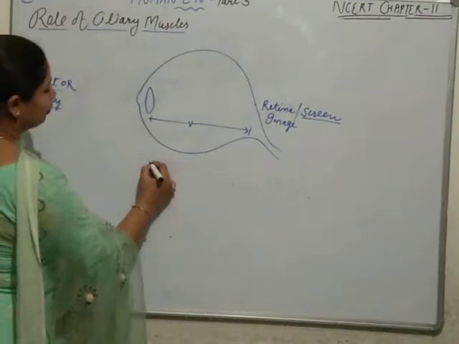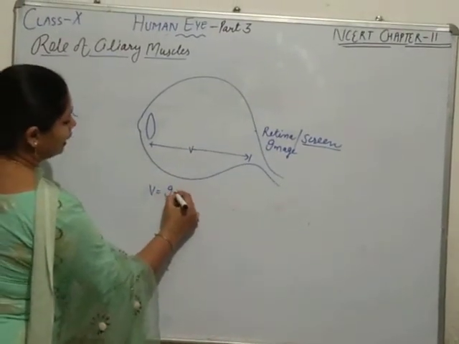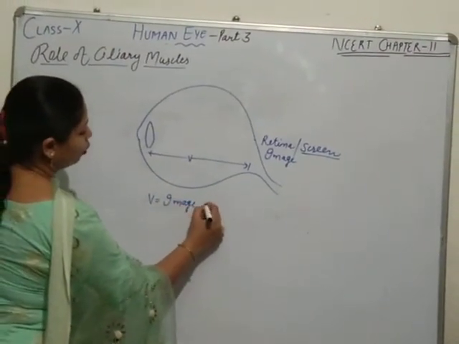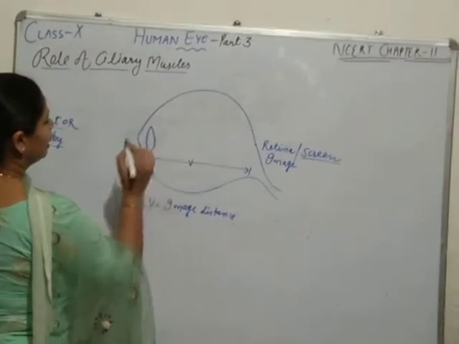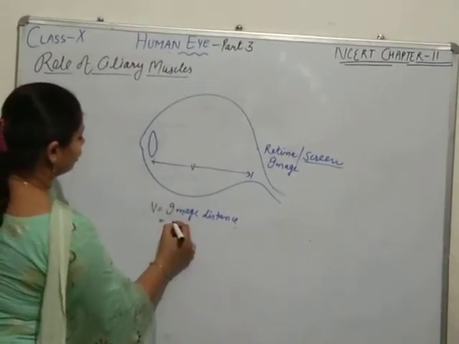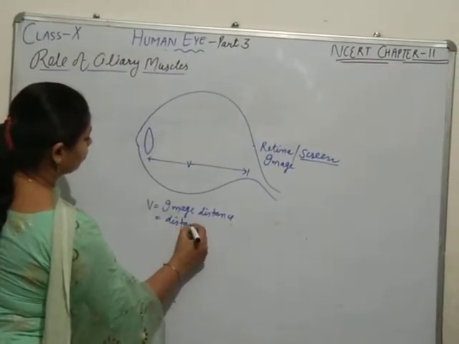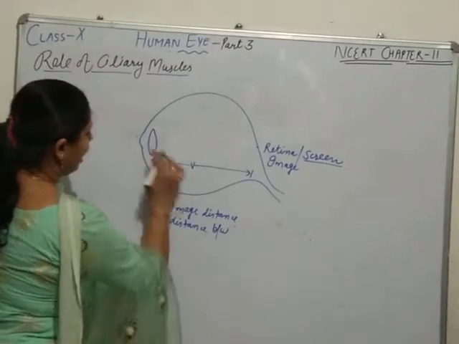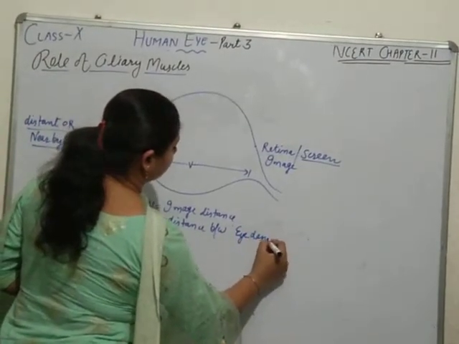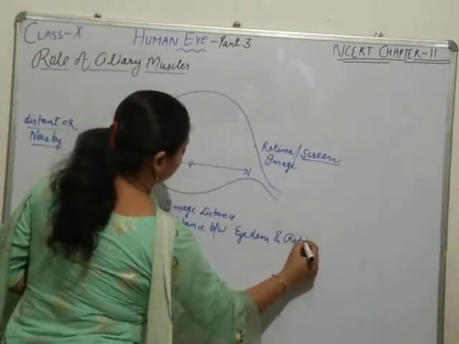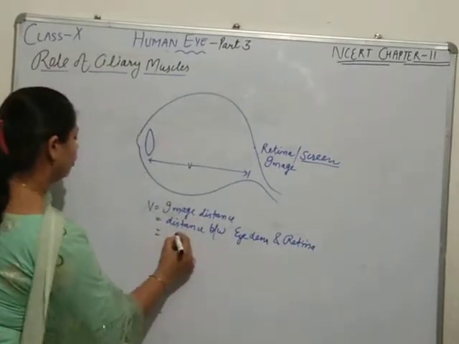What does it mean? V means image distance. What do you mean by image distance in our present situation? That is the separation between the eye lens and the retina. That remains always fixed.